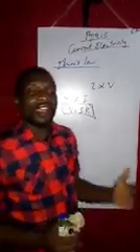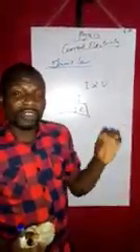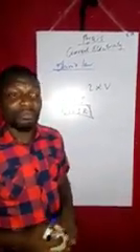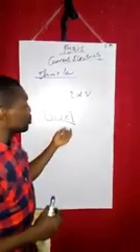Now don't forget this, that every material has its conductive ability. That simply means the ability of any material to conduct current varies from one material to another, and this variation is due to its resistance.